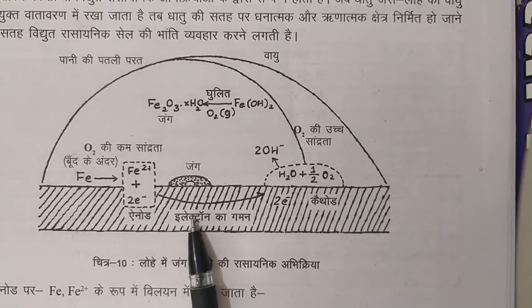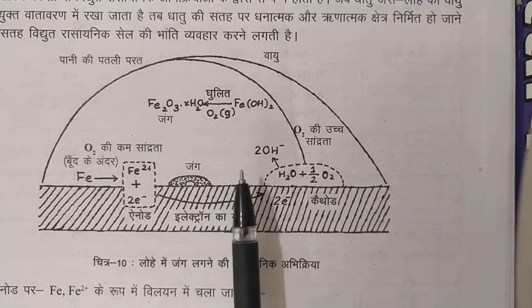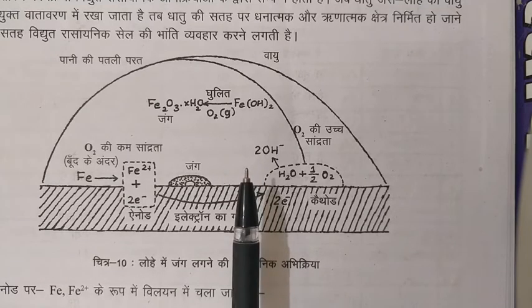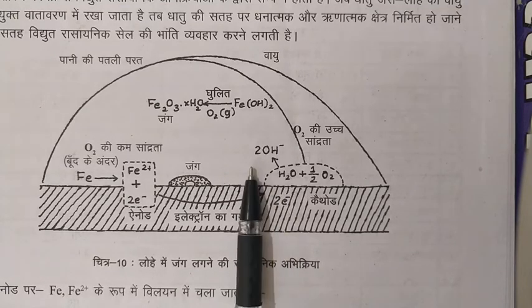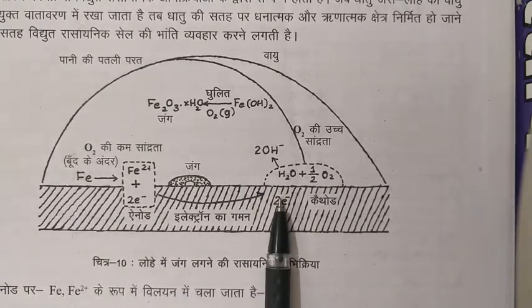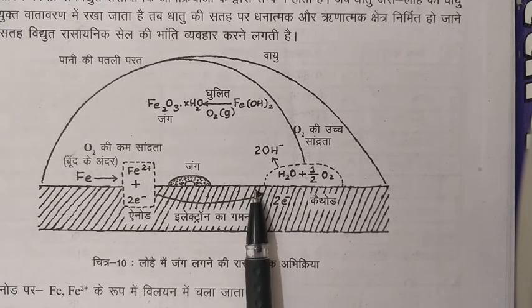Now we try to understand the process of corrosion through an electrochemical cell, also known as a corrosion cell. When a metal like iron is placed in humid conditions, negatively and positively charged regions develop.